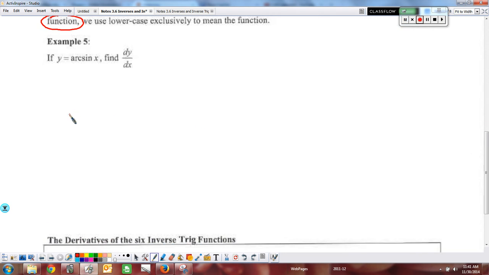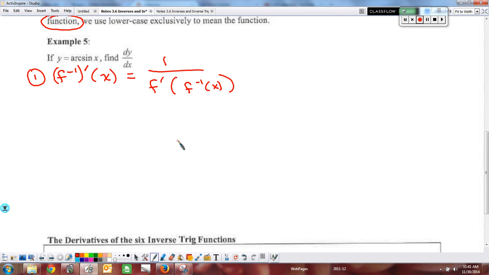I'm going to show you 2 ways to get it, one using the shortcut rule and one using implicit differentiation. All right, so using the shortcut rule, remember that the derivative of the inverse at x is going to be the reciprocal of the derivative of f at the corresponding point, which is f inverse of x.